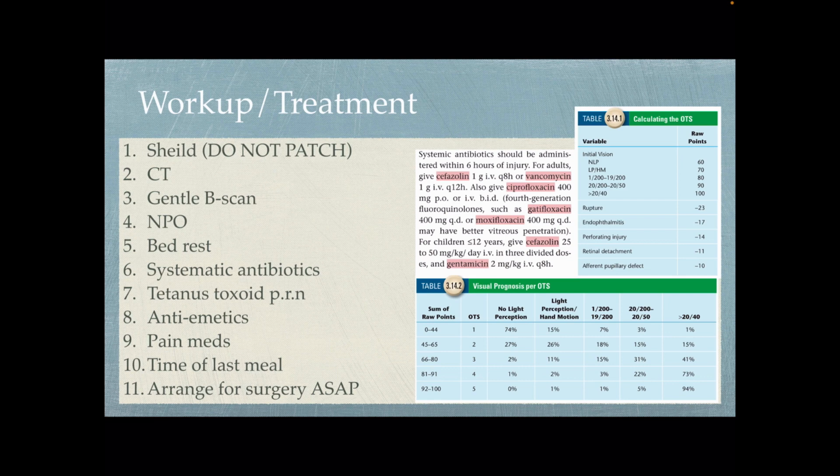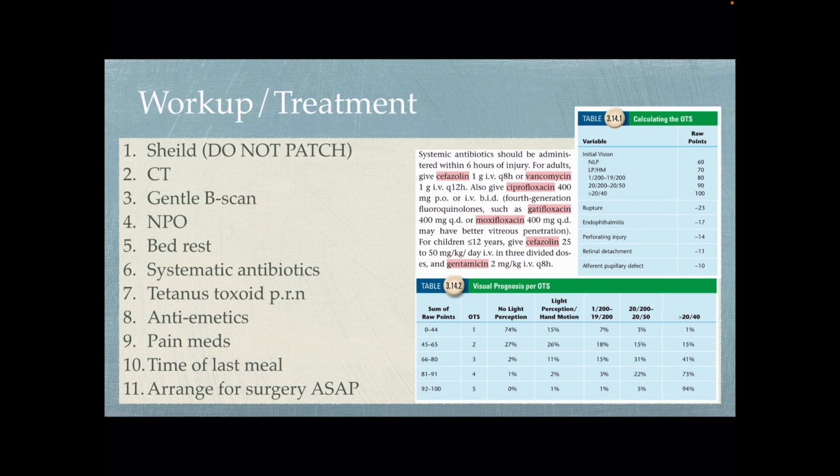Other notes that we should mention is that in any severely traumatized eye, when there's no chance of restoring the vision, enucleation should be considered initially or within 7 to 14 days after the trauma, because you don't want sympathetic ophthalmia to happen, which is a rare but possible occurrence.